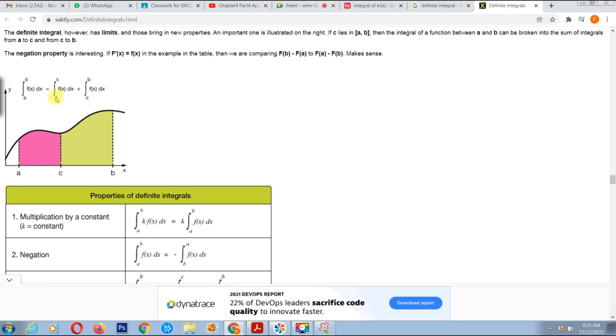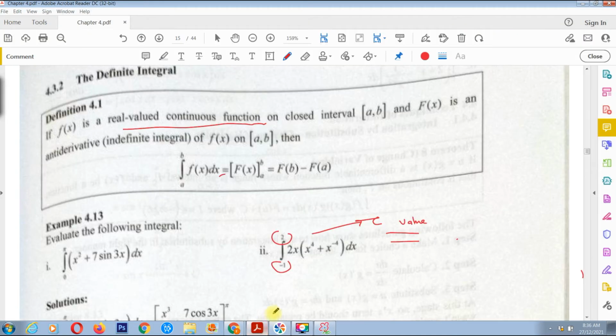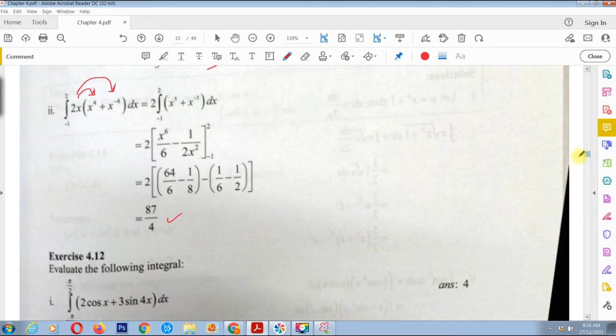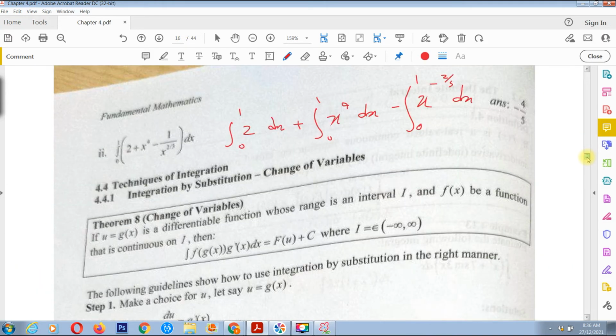Make sure that you do not fix it to only A to B, but we can make it half or a few steps. So this is one of the properties sometimes asked in multiple choice questions to make sure you understand. But in your notes, it is not stated here. They should modify that actually.